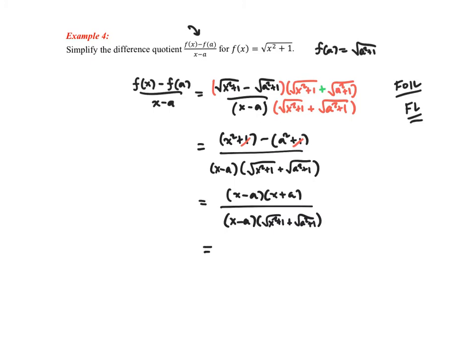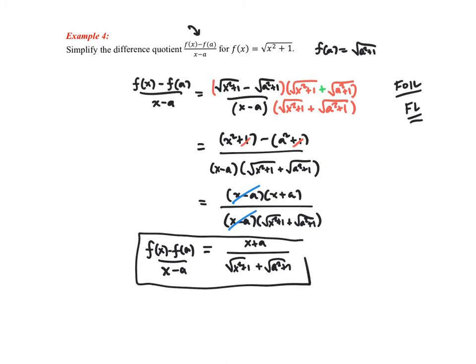So the difference quotient is going to simplify to x plus a over the quantity square root of x squared plus 1 plus the square root of a squared plus 1. And there you have it. That is the simplified difference quotient. Oops, that should be an a over x minus a. Here you have it.